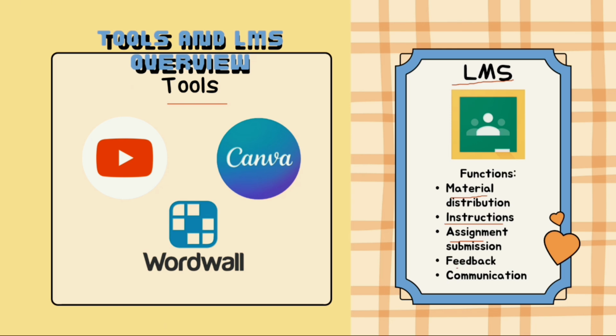Fourth, teachers can provide feedback efficiently. Finally, the LMS supports communication between teachers and students throughout the learning process. In addition to the LMS, YouTube, Wordwall, and Canva are used to support different learning activities.